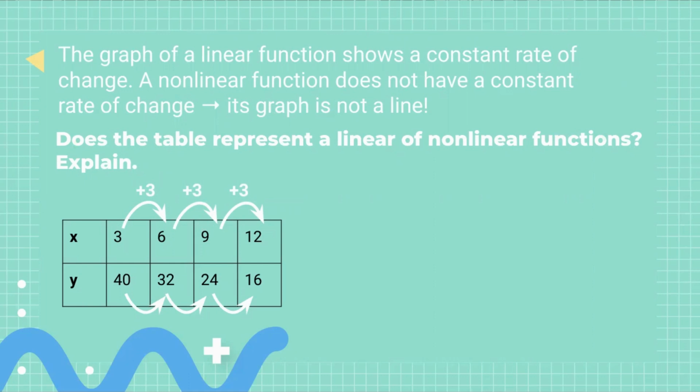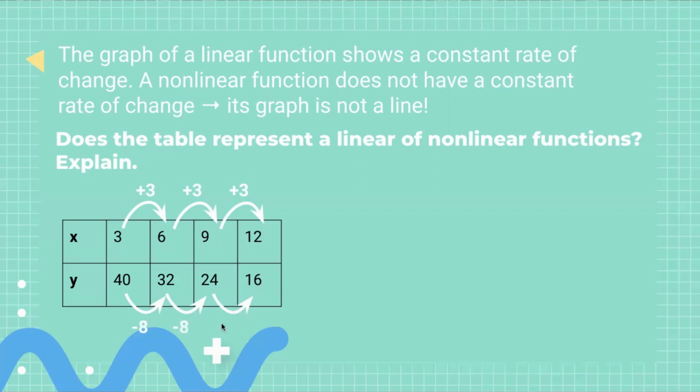Now, although the rate of change stays constant in your x values, you do have to make sure that it will stay constant in the y's. Looking at our y values, we're going from 40 to 32, so that is a rate of change of minus 8. From 32 to 24, you're subtracting 8 again.